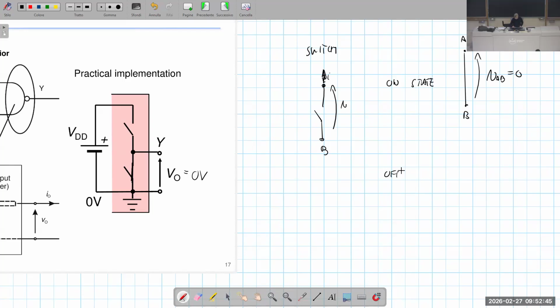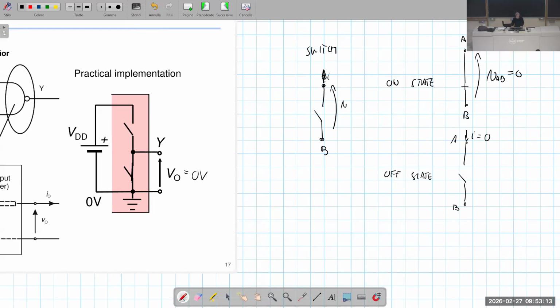In the off state, the current flowing through the switch is 0. And actually, electrical nodes A and B are disconnected.